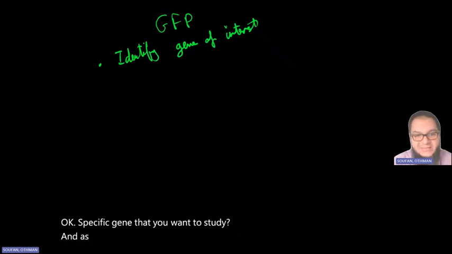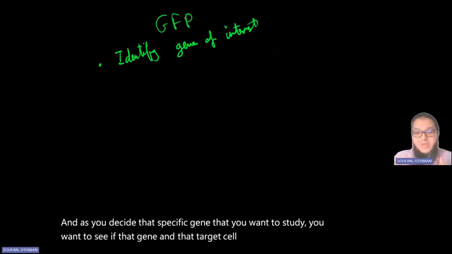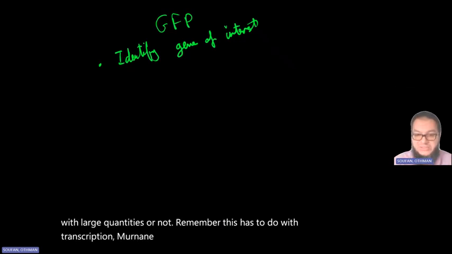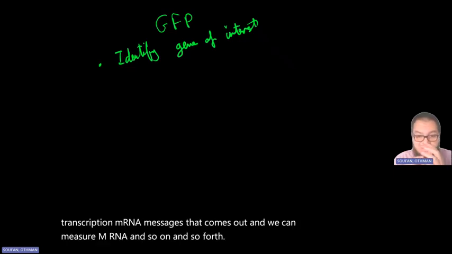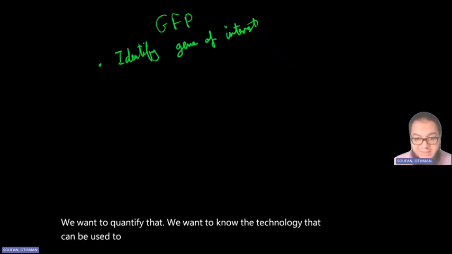As you decide on that gene, you want to see if that gene in the target cell is maybe transcribed in large quantities or not. Remember, this has to do with transcription, the mRNA messages that come out, and we can measure mRNA. We want to quantify that, and we want to know the technology that can be used to quantify it.